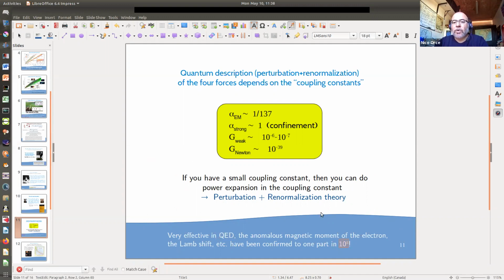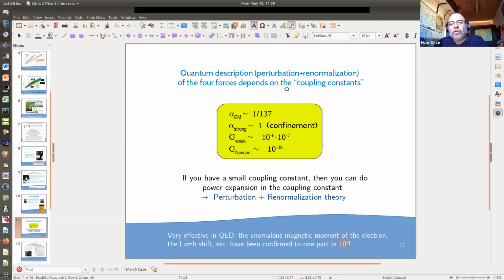So this approach of perturbation theory and renormalization was very successful in the 60s, 70s, and there were Nobel Prize winners given to quantum electrodynamics, and that's why it took over our understanding of physics.